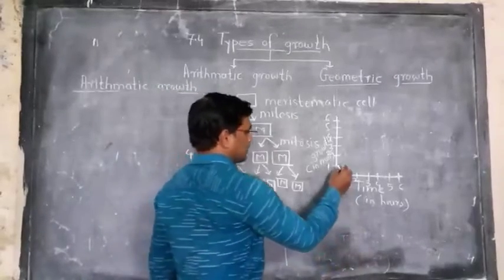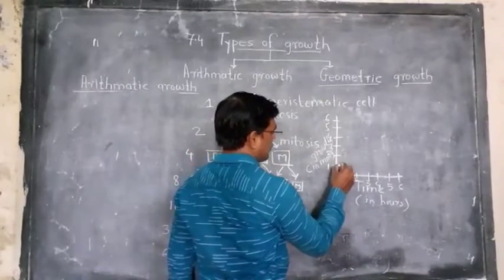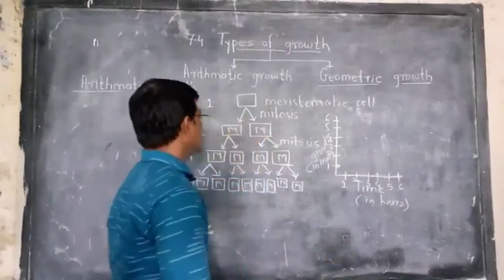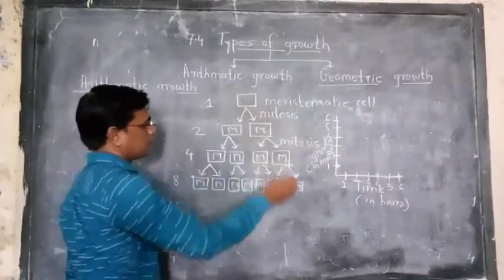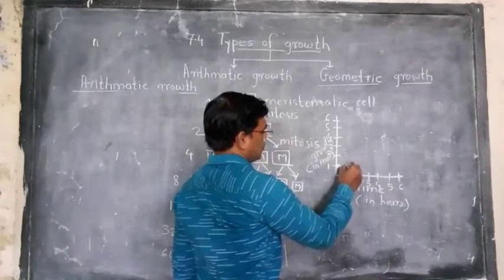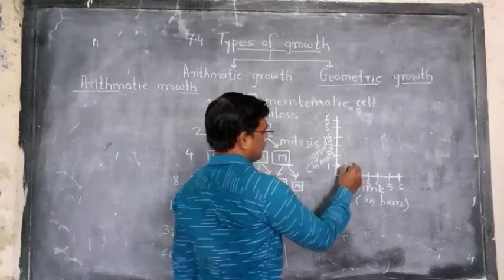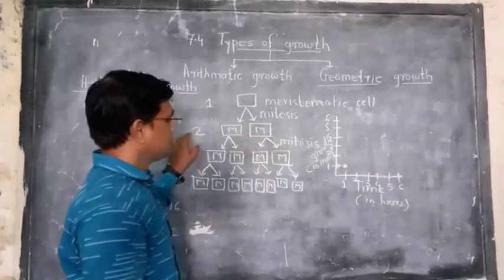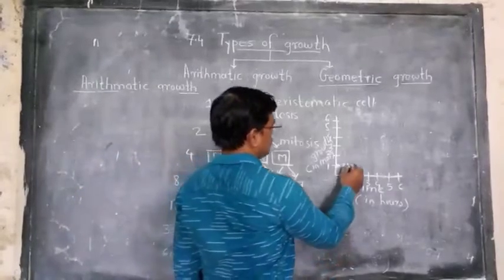Suppose in the first hour the cell growth is 1. In the second hour the growth is 2.